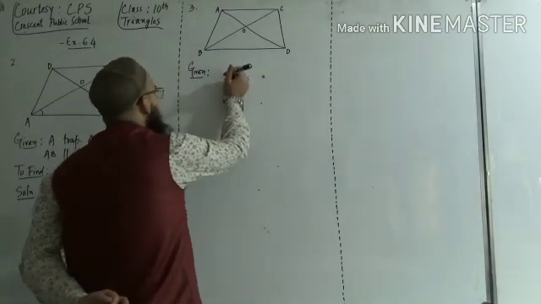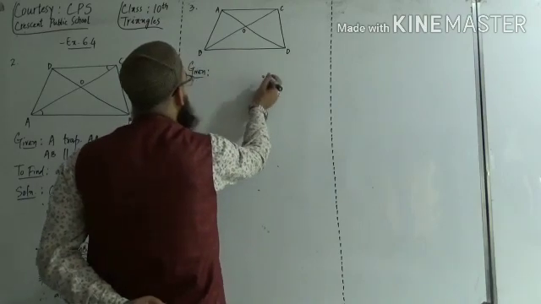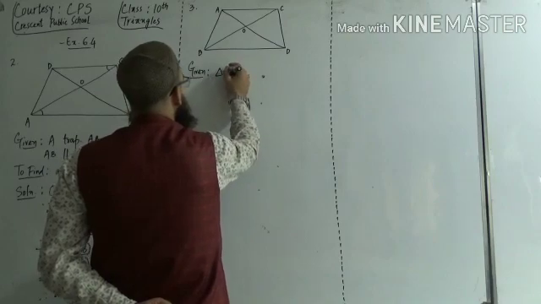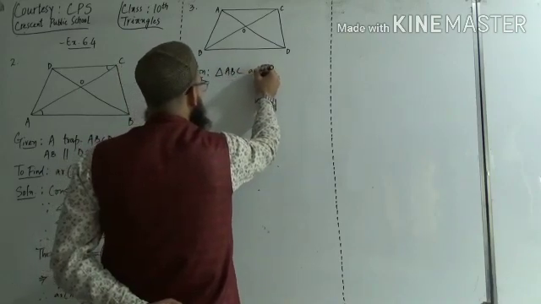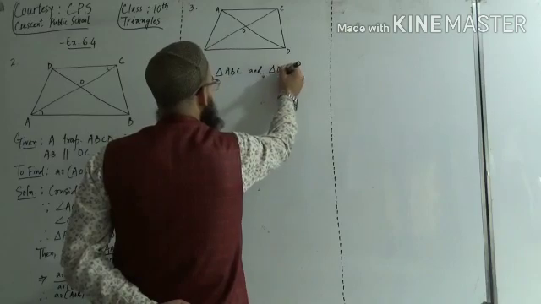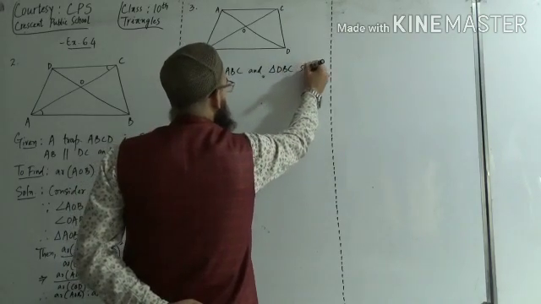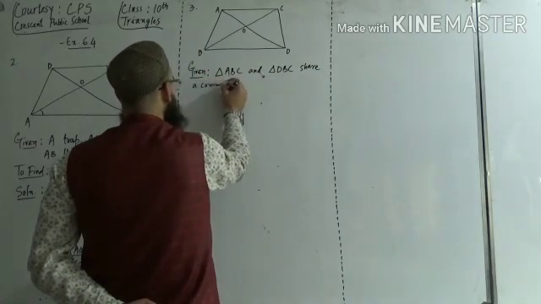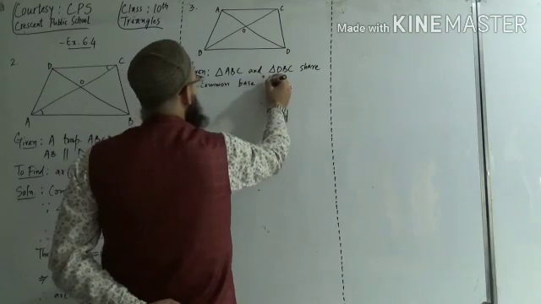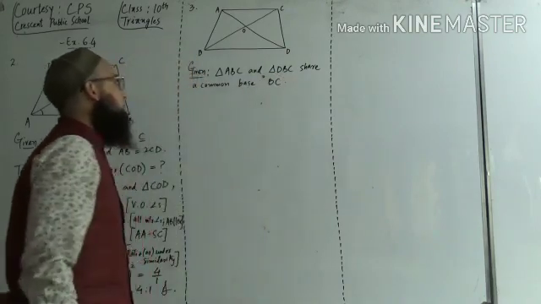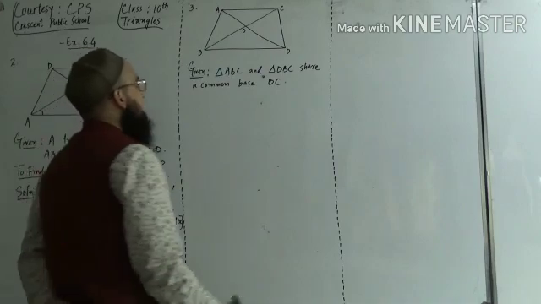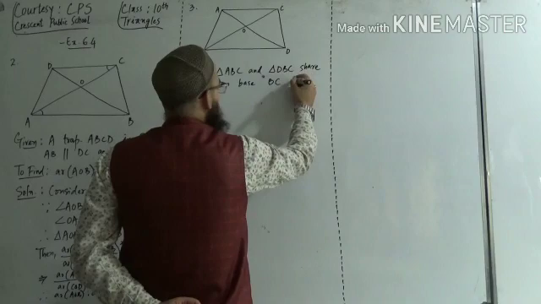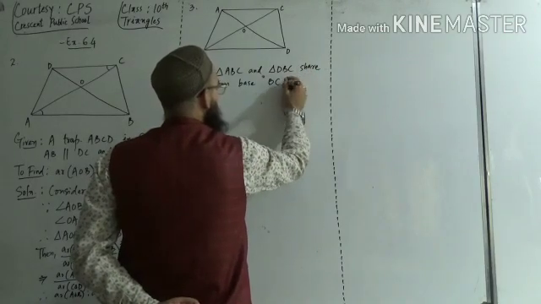What I'll do: given is triangle ABC and triangle DBC share a common base BC.